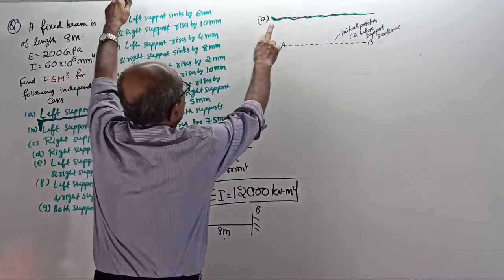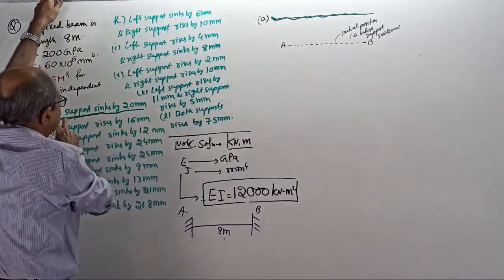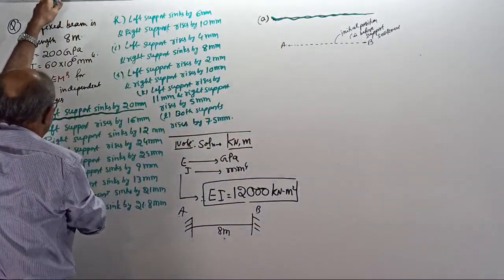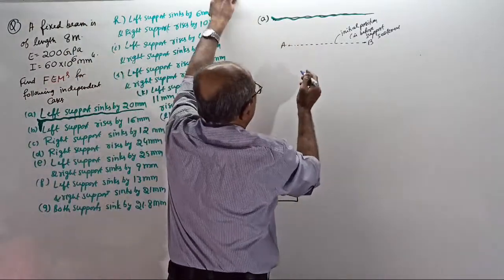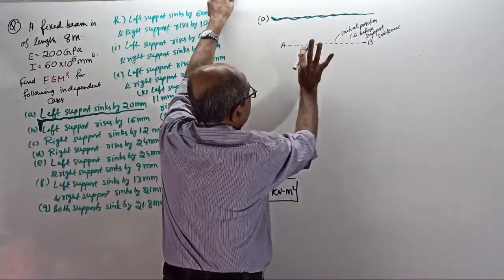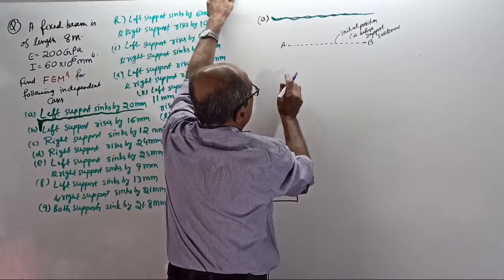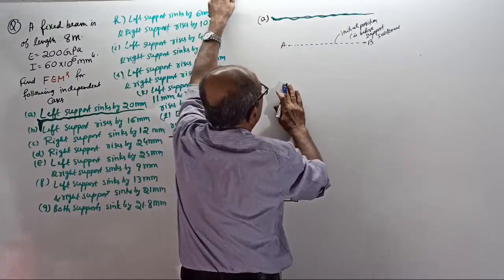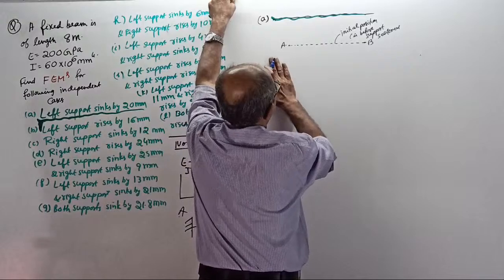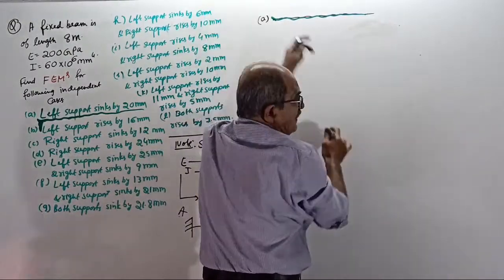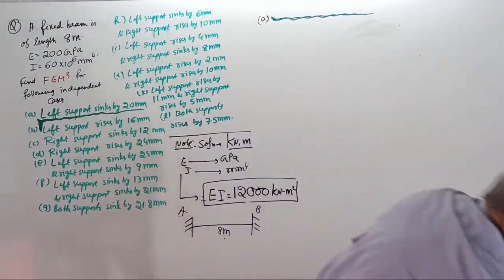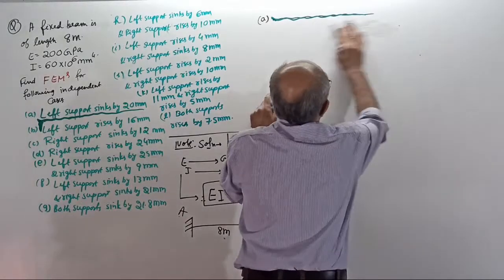It is given, left support sinks by 20 mm. Okay, I'll do one thing. I can write here so that it is easy for me. Instead of wasting time, I can do it in a single stretch only. Okay, one minute.